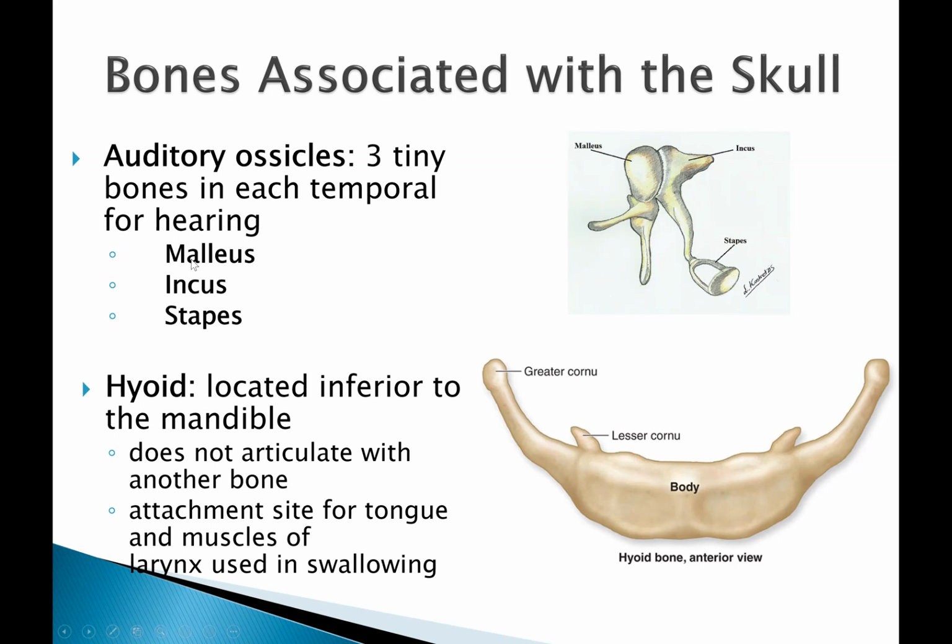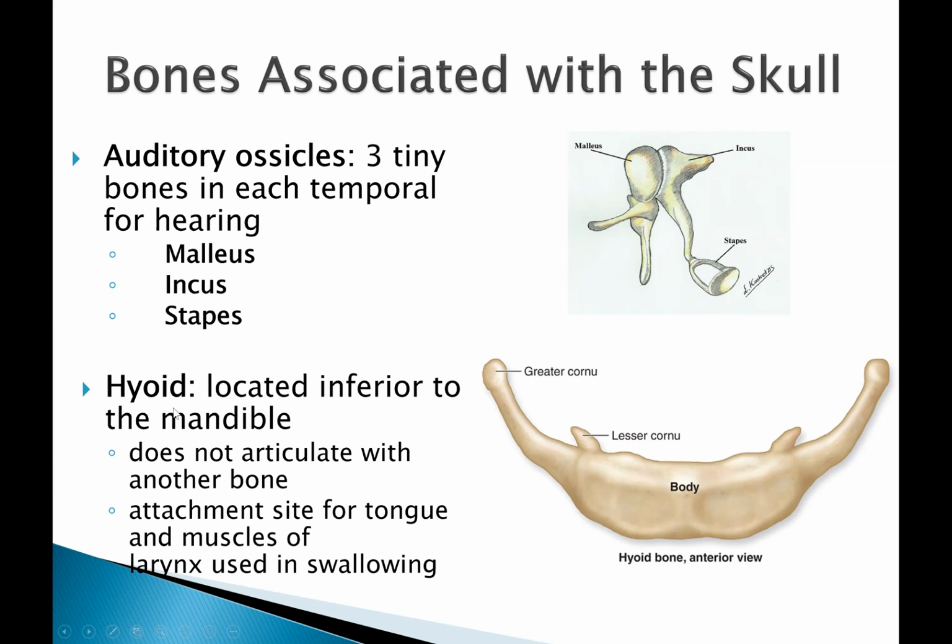We'll talk more about these bones when we talk about senses and sound, but these are three tiny bones. In fact, these are the tiniest bones that you have in your body, the auditory ossicles.